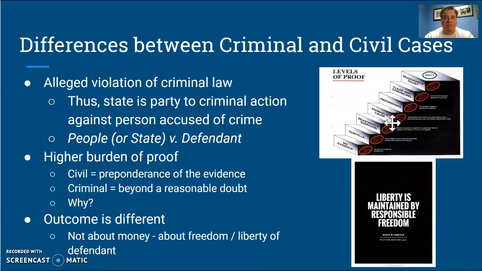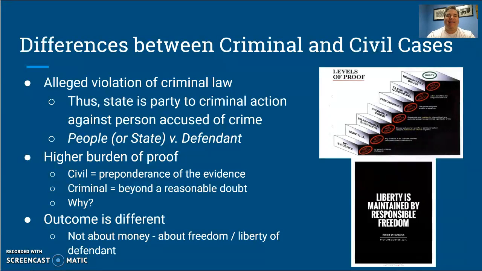Probable cause, which is sufficient to establish an arrest under the Constitution, is less than preponderance of the evidence, which is what you need to prove a civil case, which is much less than beyond a reasonable doubt, which is the finding that you need in a criminal case to establish that somebody is guilty. Again, consider what's at stake when answering the question, why?